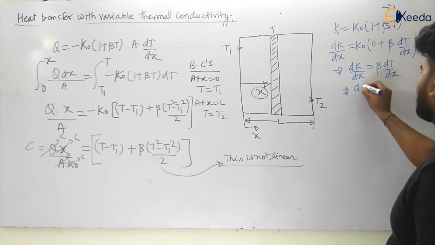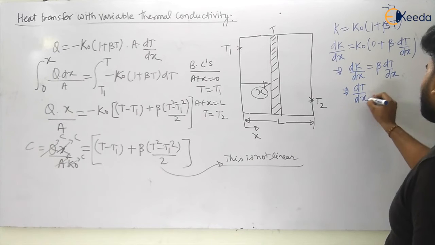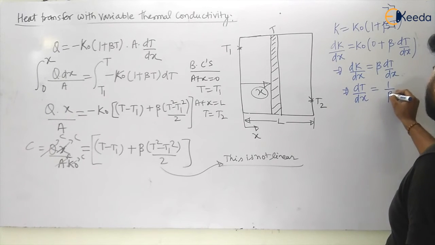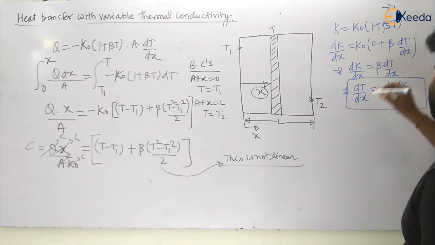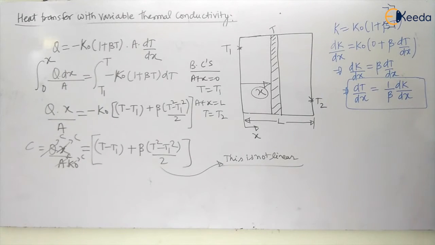So dt by dx will become equal to 1 upon beta dk by dx. Thermal conductivity, as you may have seen, is never negative, so this will be positive.